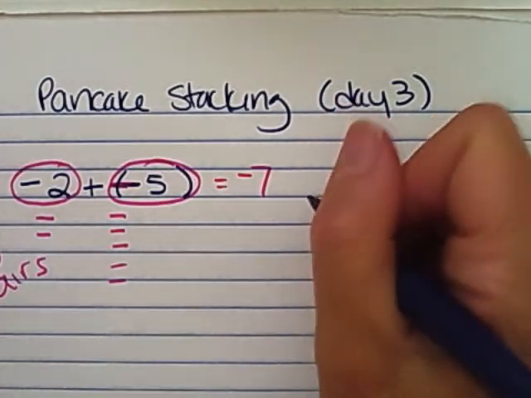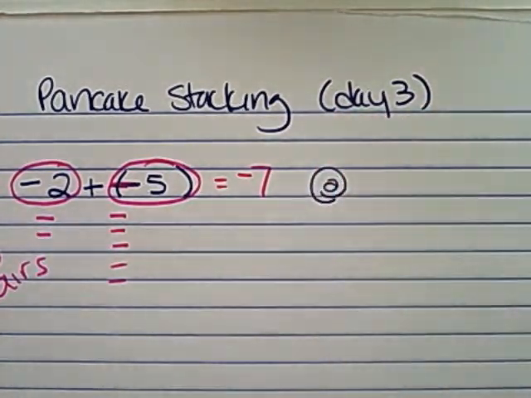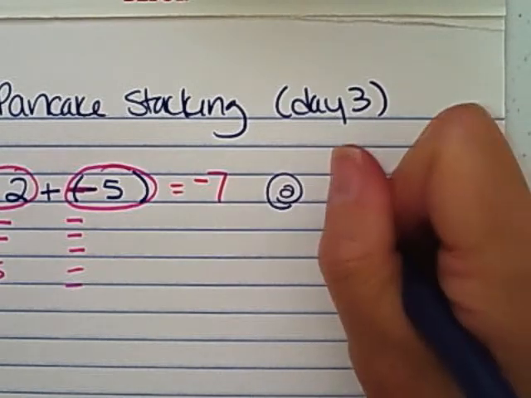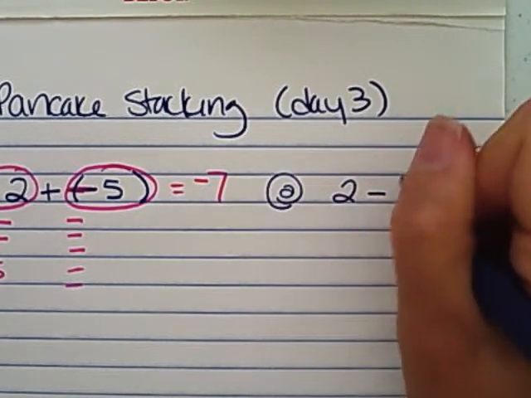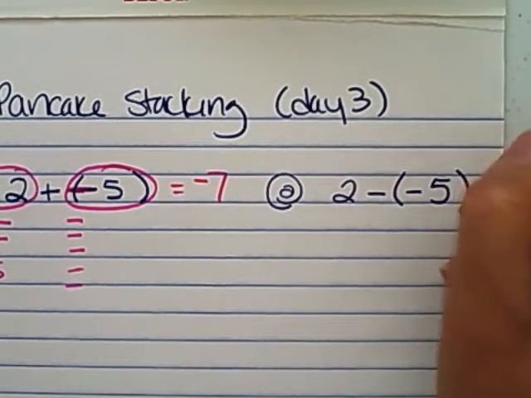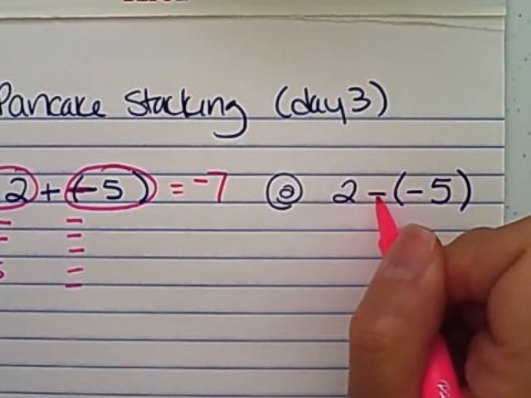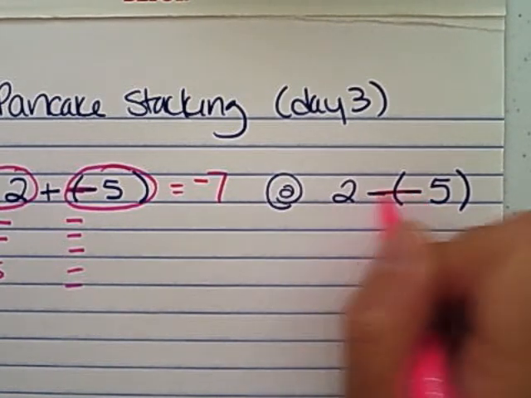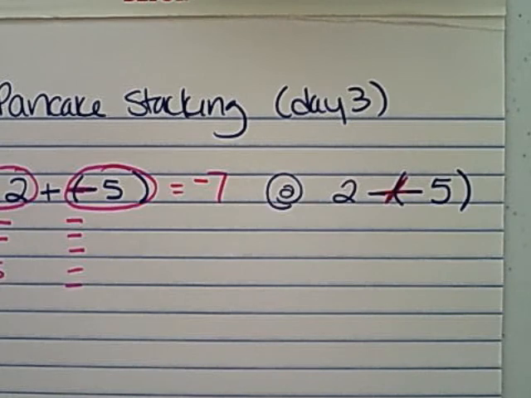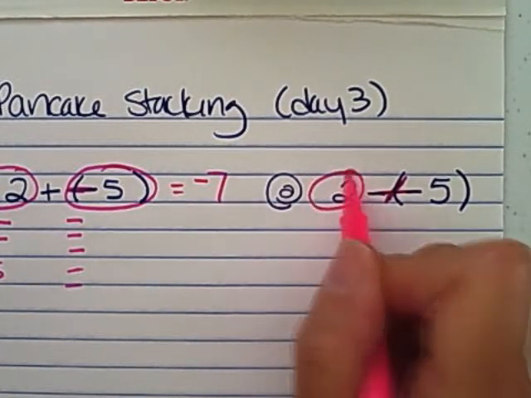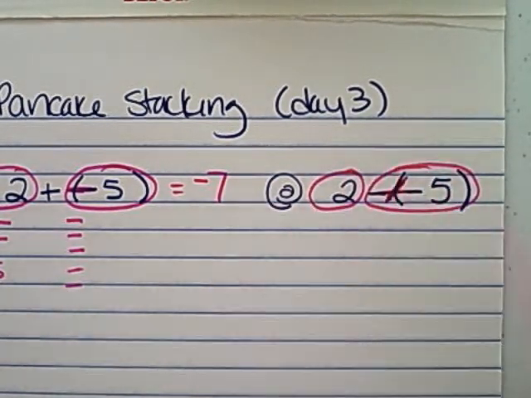The next one, problem number 2. So we have 2 minus negative 5. So we're at positive 2 and we're minusing negative 5. What does that mean? Minusing a negative just means adding. If you're getting rid of negatives, it means that you're adding. So we're going to change this to say plus. So we have a positive 2 and now we have a positive 5.